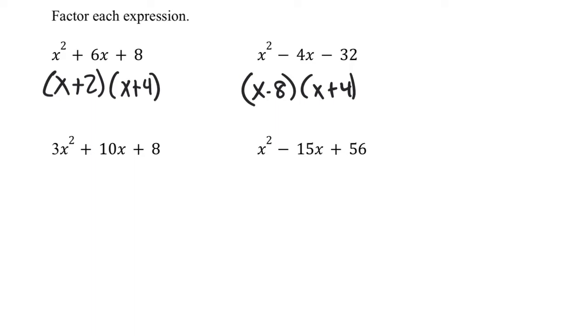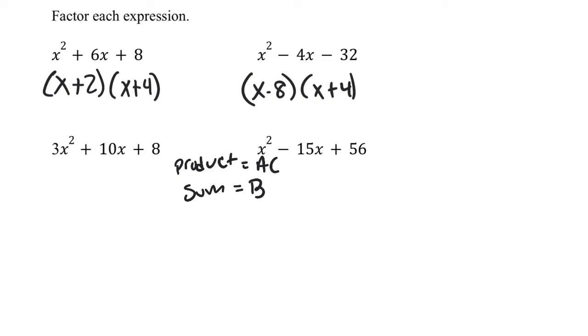On this one, now I've got an a value greater than 1, so I got to do a little bit more to this one. So I'm looking for numbers that'll multiply, so I need their product to equal a times c, and I need their sum to equal b.